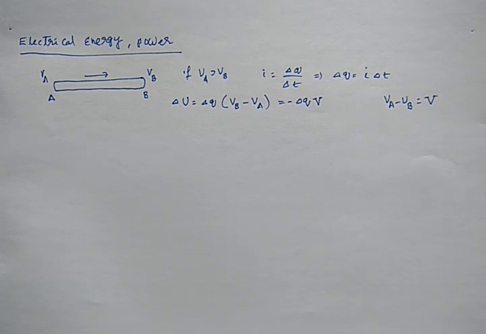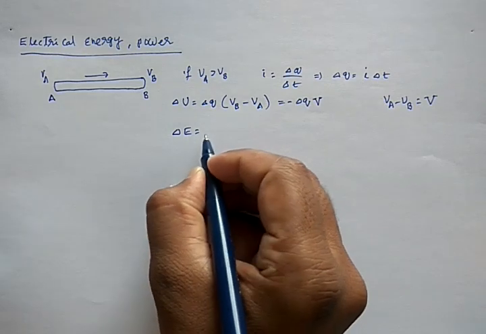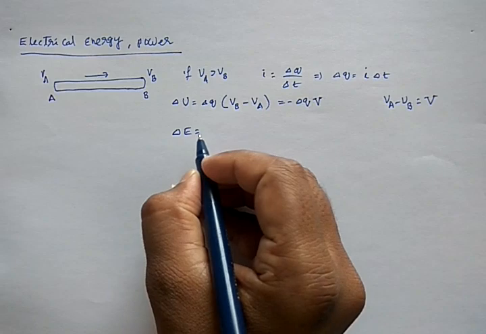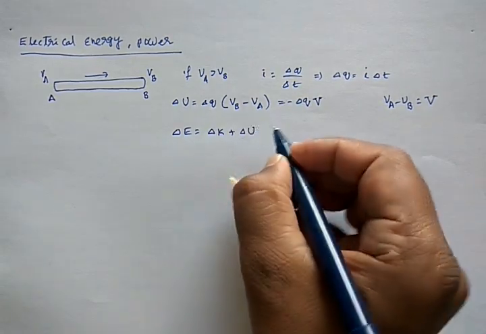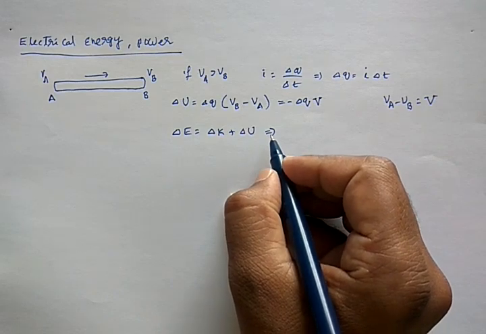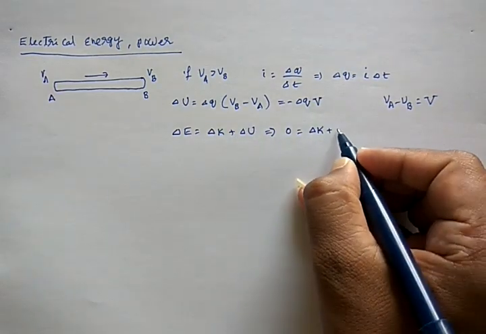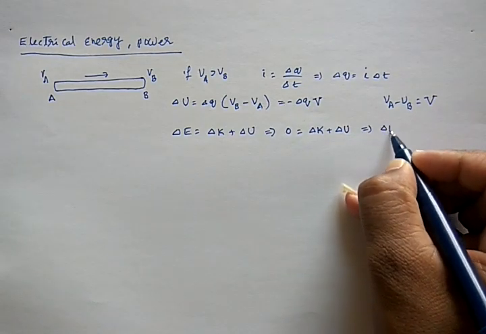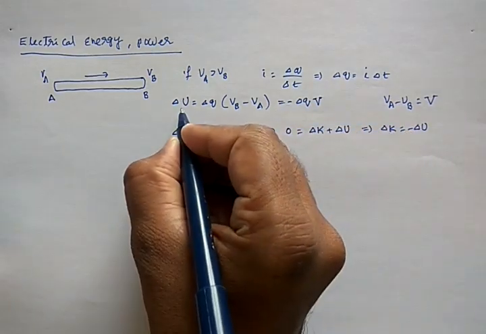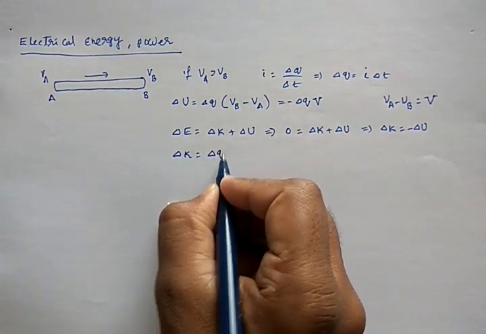Then the total energy of the system must remain the same, so the change in total energy delta E must be 0, which is delta K plus delta U. That implies delta K must be minus delta U. Minus delta U is delta Q V, so delta K equals delta Q times V.